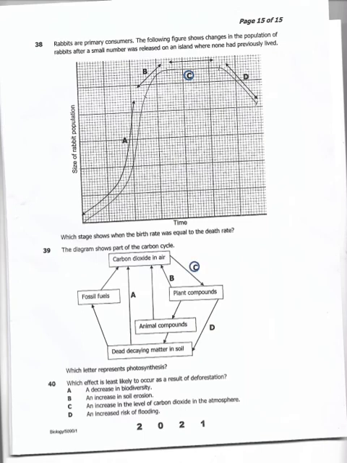40. Which effect is likely to occur as a result of deforestation? So when we cut down trees, what is likely to happen? A, a decrease in biodiversity. B, an increase in soil erosion. C, an increase in the level of carbon dioxide in the atmosphere.